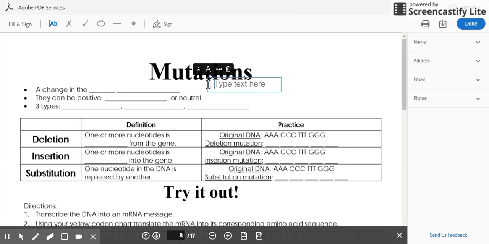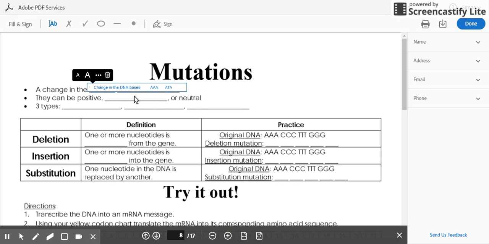All right, we're moving on to mutations on page 69. A mutation is simply a change in the DNA bases. So if your DNA is supposed to say AAA, something happens in your body where the bases switch, and maybe it says ATA. So now your instructions are just a little different.